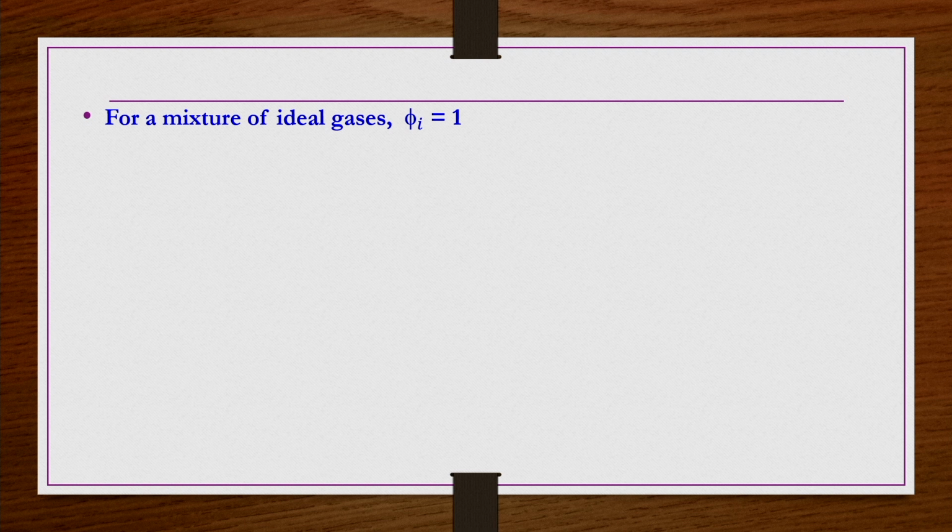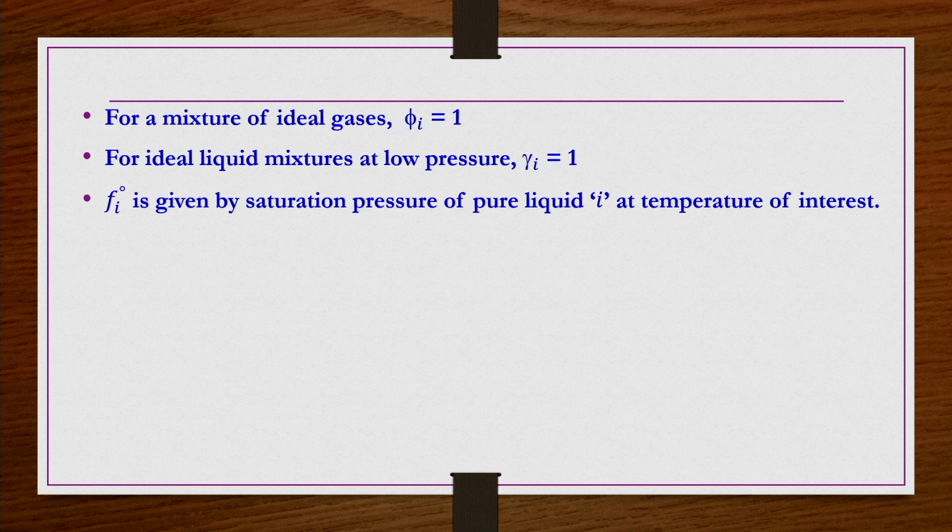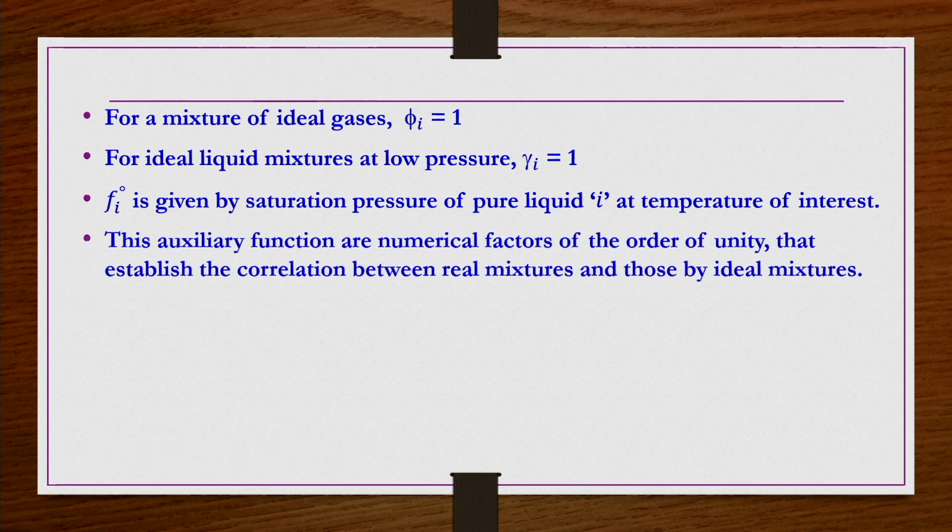For a mixture of ideal gases, phi I is equal to 1. Similarly, for ideal liquid mixtures at low pressures, gamma is equal to 1 as I mentioned. Fi naught is given by the saturation pressure of pure liquid I at the temperature of interest in general. These auxiliary functions are numerical factors of the order of unity that establish the correlation between the real mixtures and those of ideal mixtures.